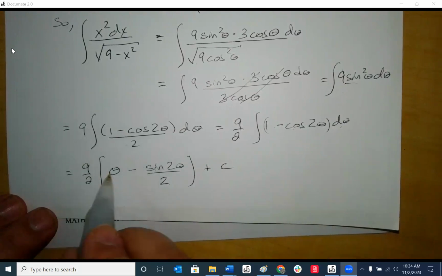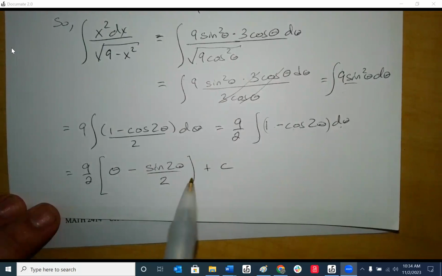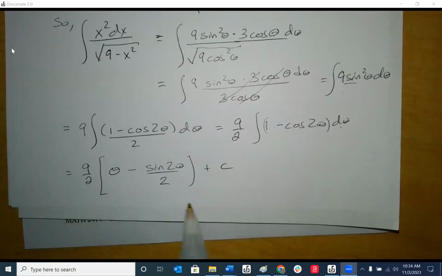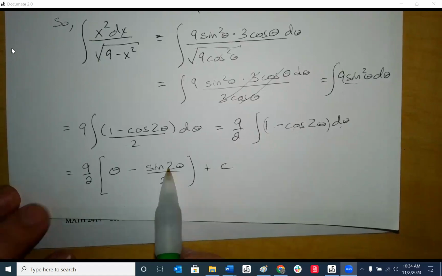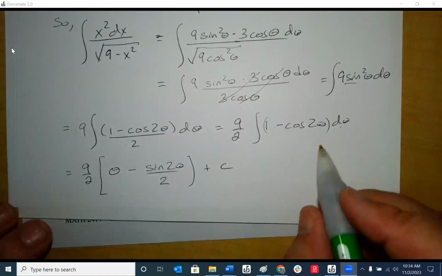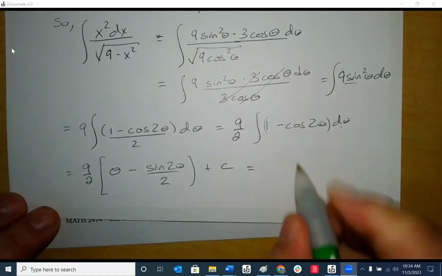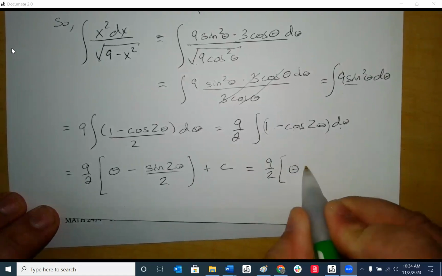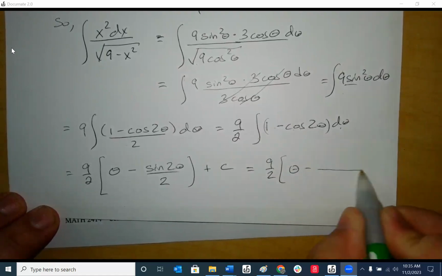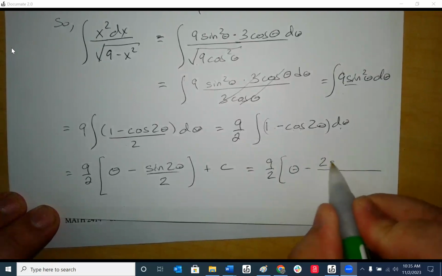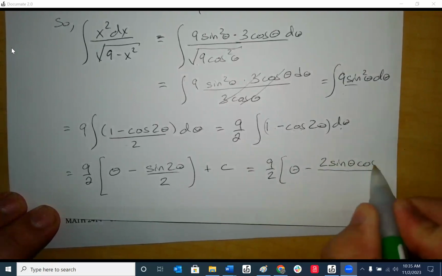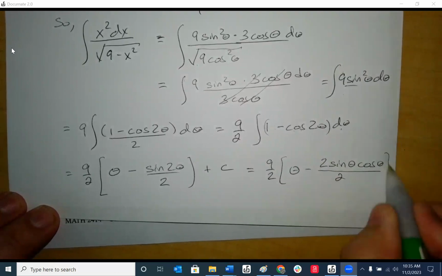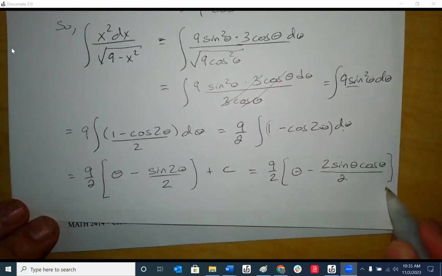Okay, so we distribute that. From our cheat sheet, sine 2 theta is the same thing as 2 sine theta cosine theta over 2, plus c.